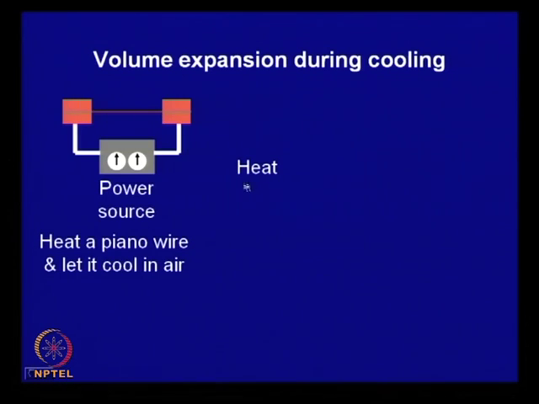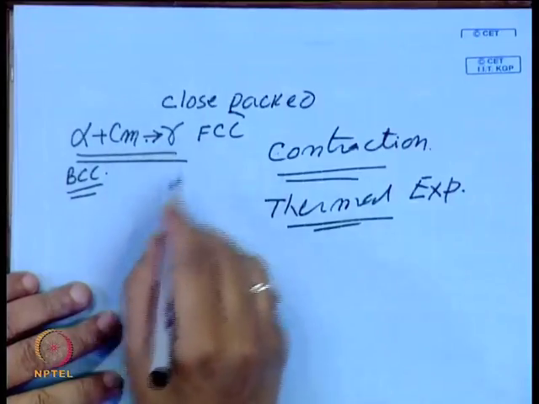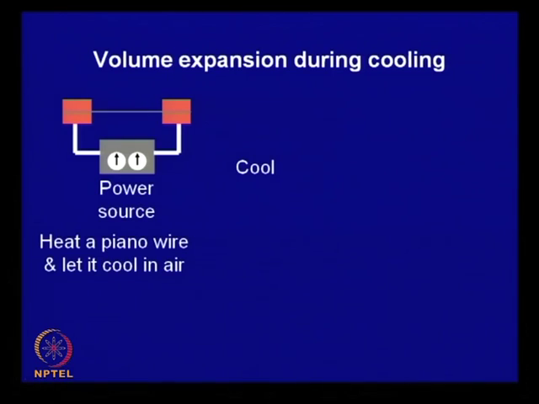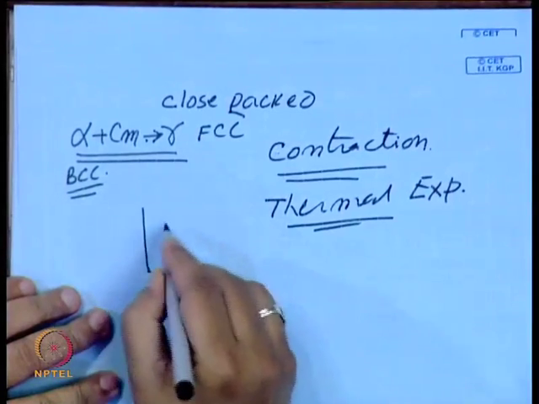So, you heat it, and after that if you cool, what will happen? Suddenly it starts cooling, it will go from red hot to dull, which is shown over here. That is primarily because transformation does not take place immediately.